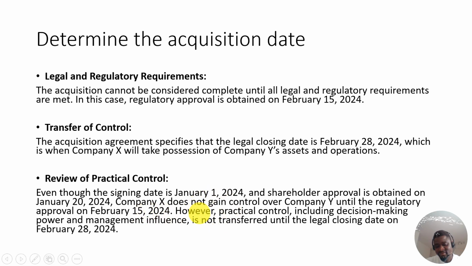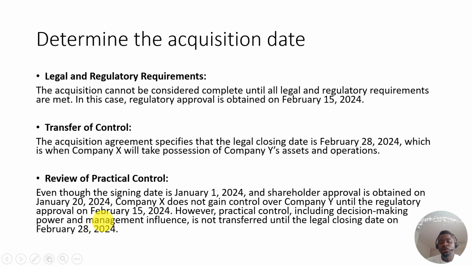However, can you see this February 15, 2024 took precedence over the signing date and the shareholder approval date, because it's a regulatory approval date. But something else we need to look at is practical control, including decision making power and management influence, which is not transferred until the legal closing date on February 28, 2024. So the legal closing date is now the acquisition date.